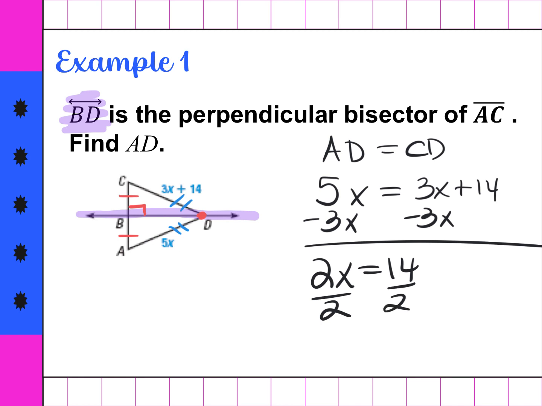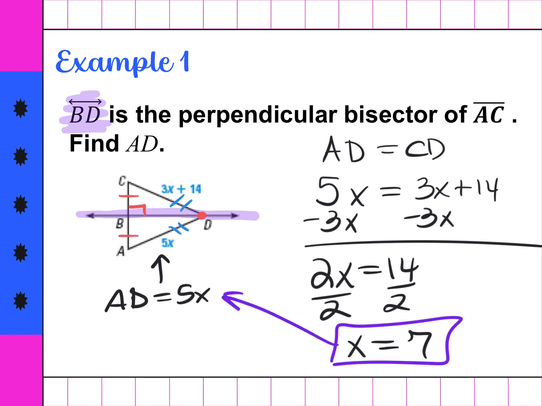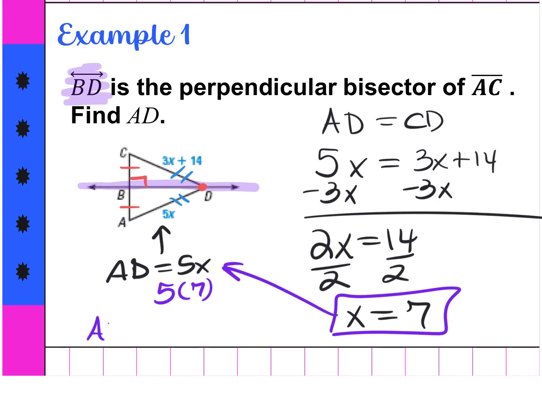Divide by 2, and X equals 7. Now remember, it didn't ask me to find X. It wants me to find the length of AD. AD is equal to 5X. I'm now going to take my newly found value of X and plug it in. So 5 times 7, and the length of AD is 35.